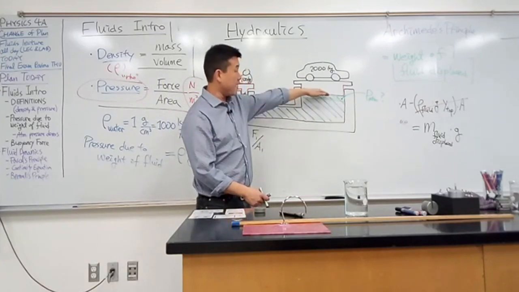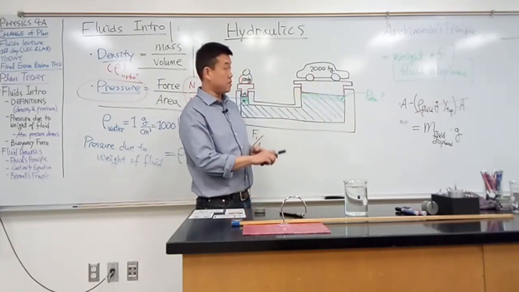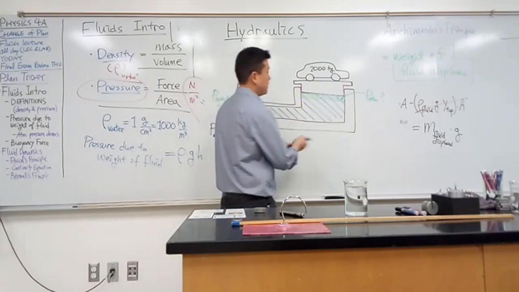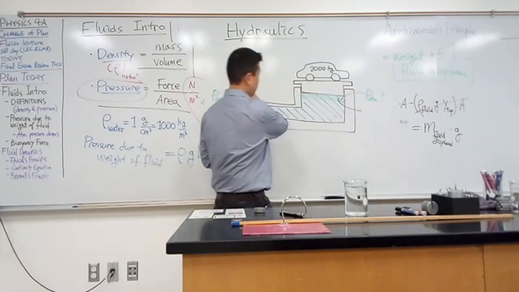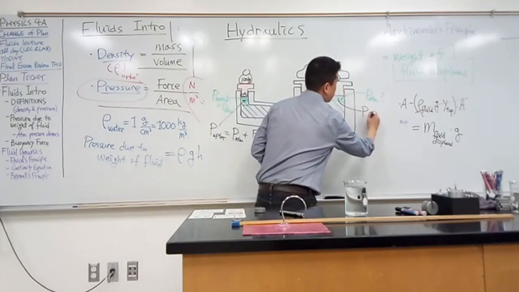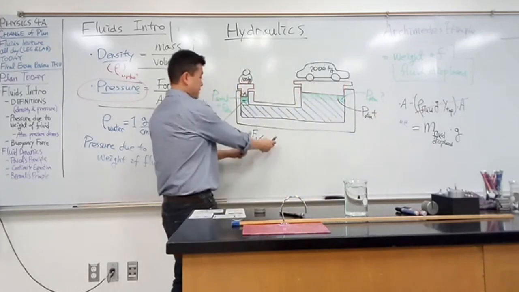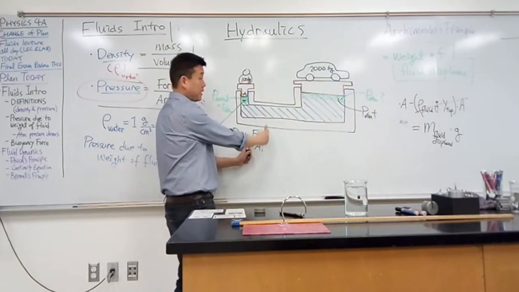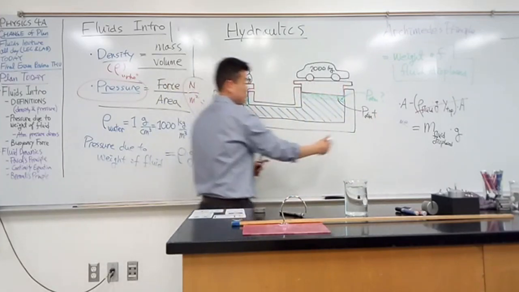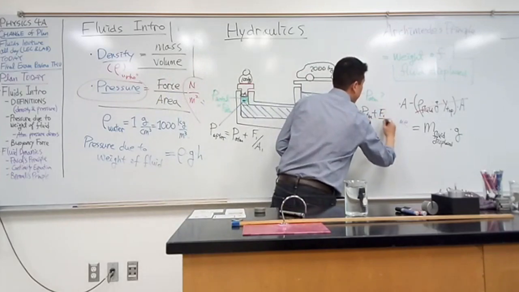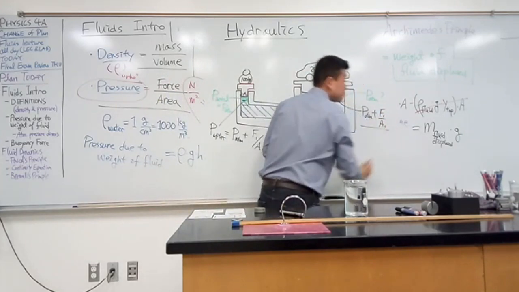And at this end, you will end up with the same change in pressure. The pressure at this end of the fluid will be the atmospheric pressure plus this same additional pressure that was applied here, so F1 over A1.